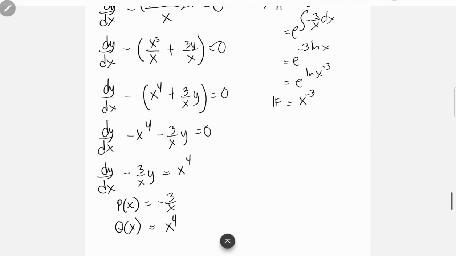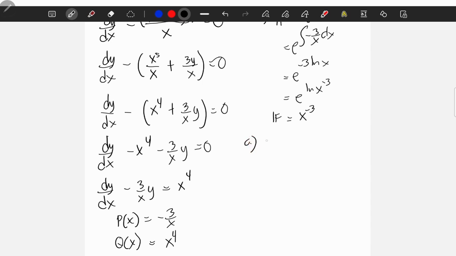Third step is to use the formula. This one is linear in y, so the formula is y times IF equals the integral of IF times q of x dx. y times IF is x to the negative 3 equals x to the negative 3 times q of x, which is x to the power of 4, dx.